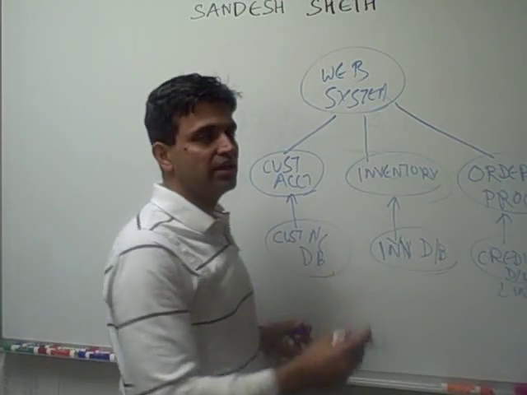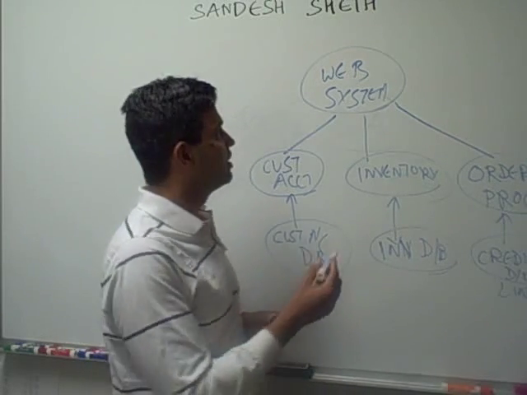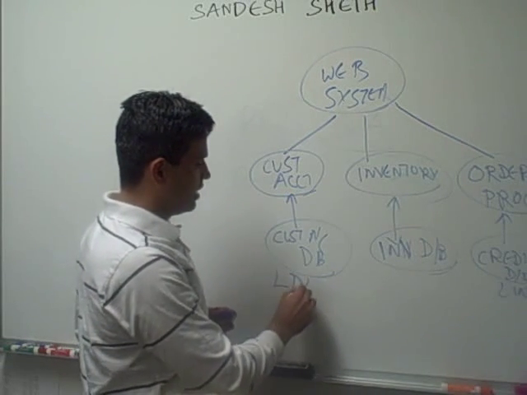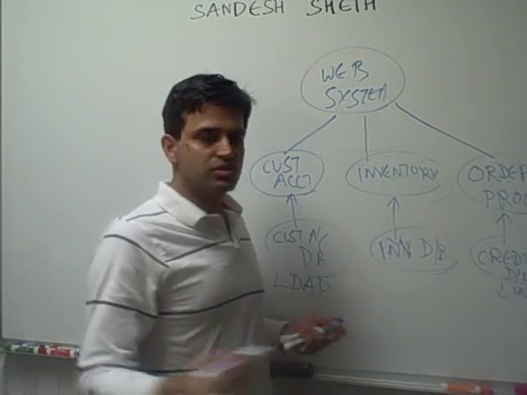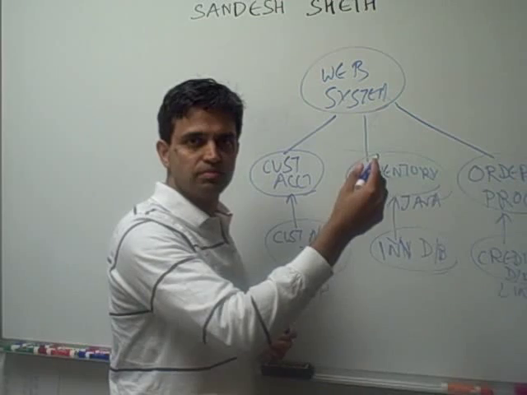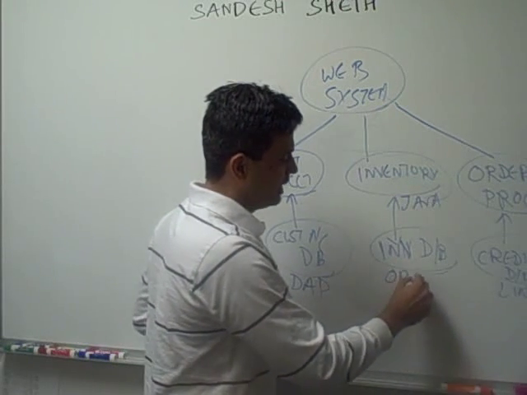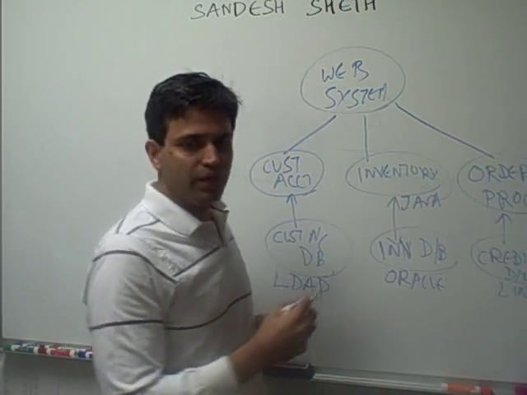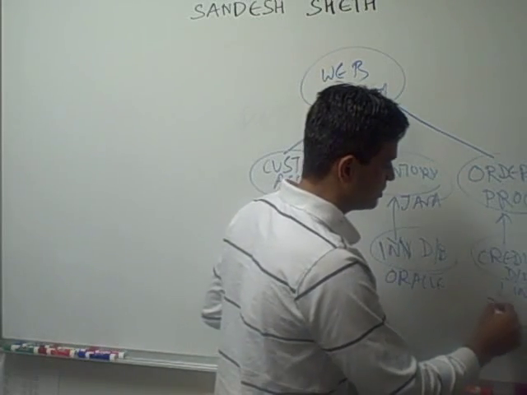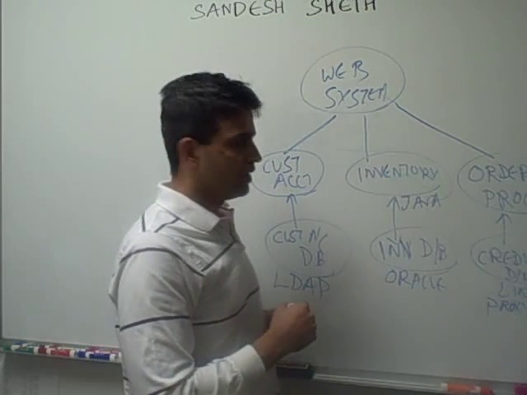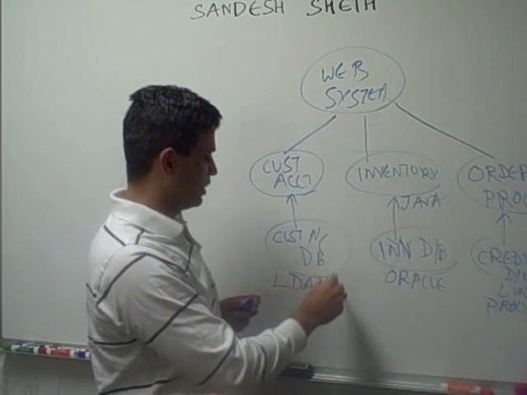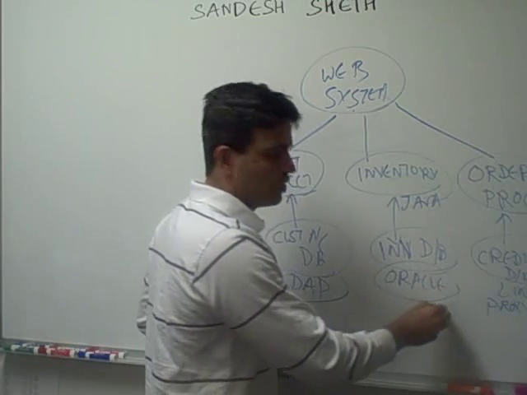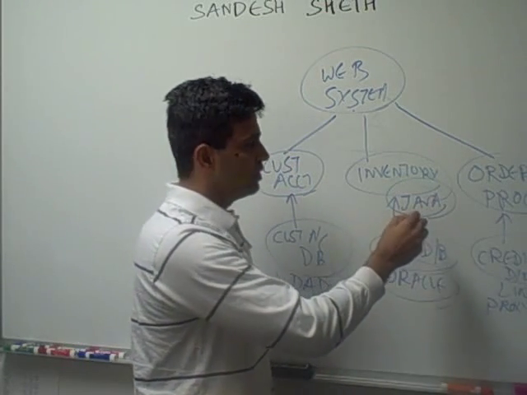If we were to now understand the supporting infrastructure, we would have a web server over here. Here we would have an LDAP. The inventory system was based on a Java inventory system. We have an Oracle database for the inventory. And then for order processing, we have a proxy system over here. So to recover this process, we would need to recover the web server, the LDAP, the Oracle database, the application server.